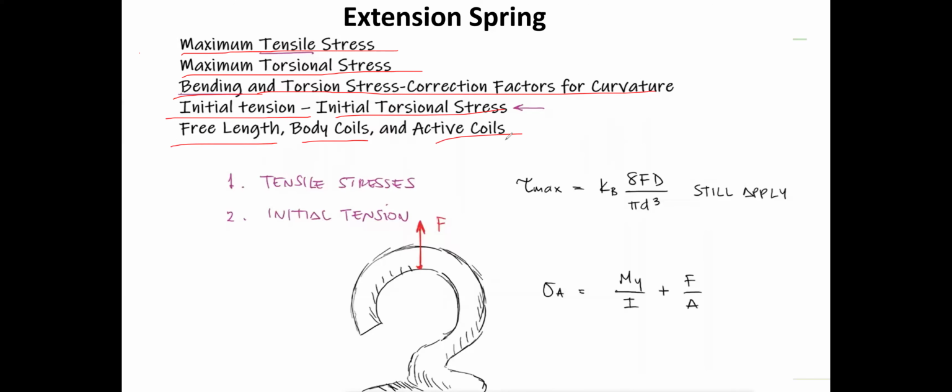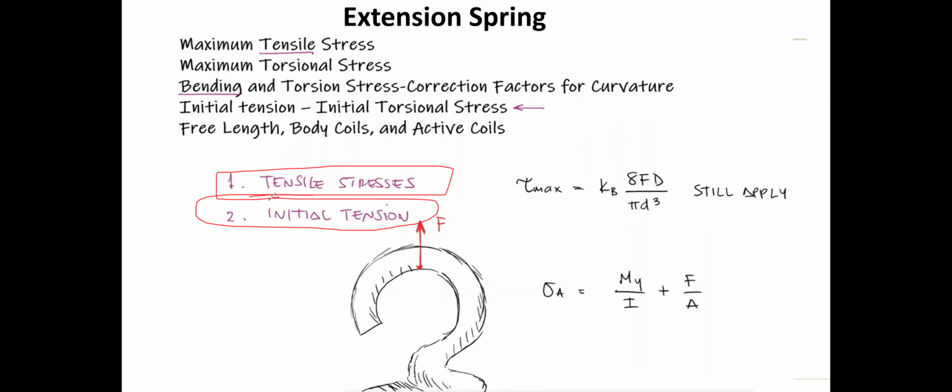Okay, so for this extension spring, this force is subjected to extension, of course, right? For the previous one, the compression spring is under compression. So for this tensile stress, we have to take into account the initial tension.